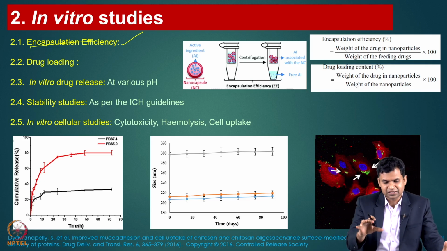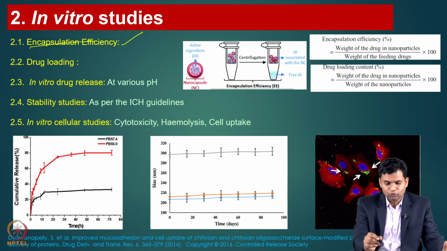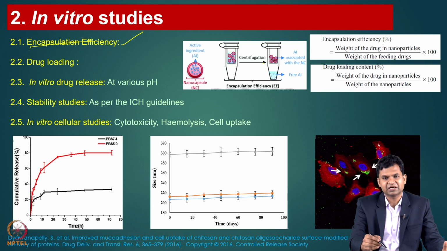Here, these centrifugation tubes that come in the market are also called NanoCep. What you need to do is put your formulation here and do the centrifugation. After centrifugation, your free drug in liquid form will come to the bottom of the centrifugation tube.